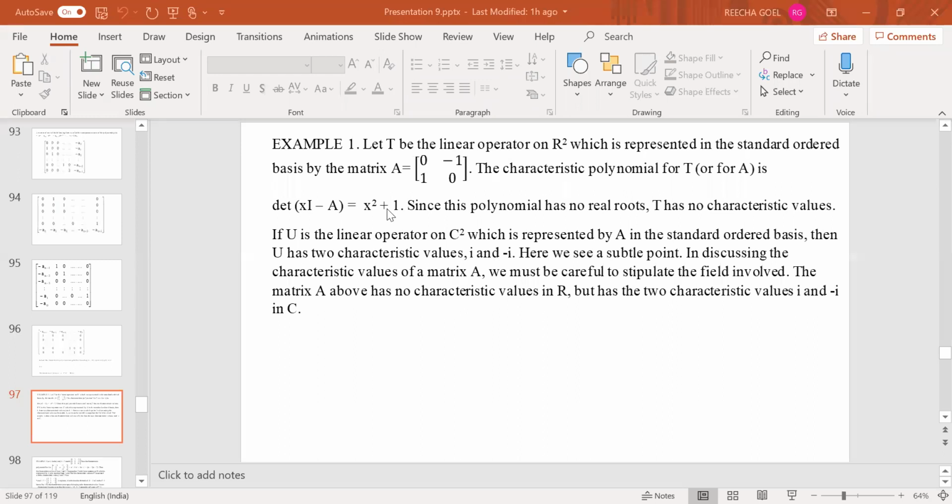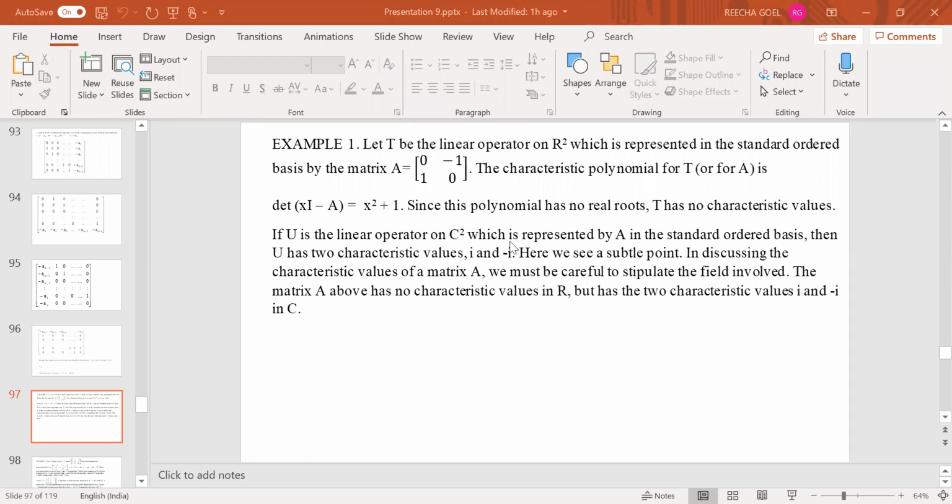Therefore, in that case, it is of interest to me. Because it is a second order matrix and there are two distinct characteristic values, i and minus i, we will see later on that this particular matrix or operator T is diagonalizable.